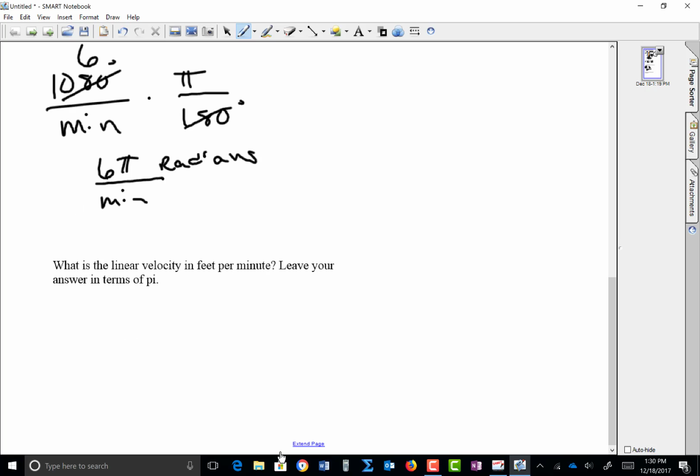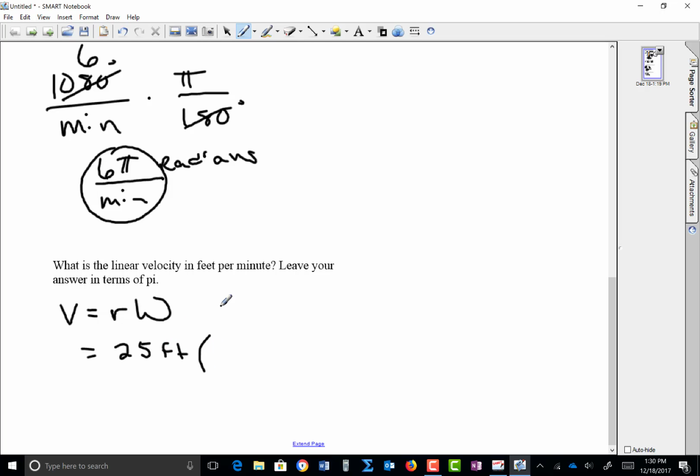So we can take this one, and it says, what is the linear velocity in feet per minute? We have a formula for linear velocity. It's radius times the angular velocity. And we have angular velocity right here. We have it in several different forms. So we know the radius is 25 feet.